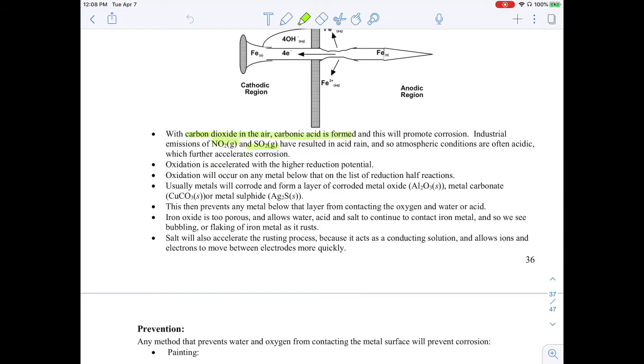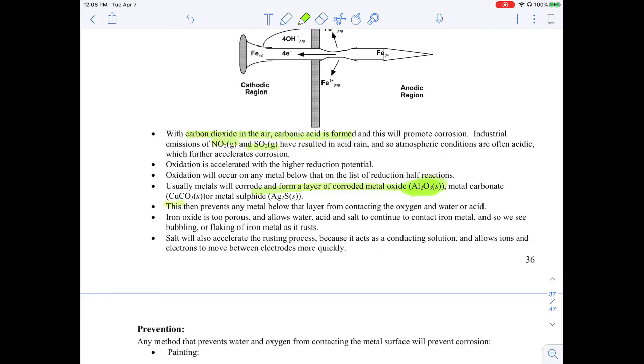The biggest concern is obviously iron. There are some metals that have a pretty cool result to this. Some metals like aluminum, when they corrode, make a layer of the corroded metal. If you scrape an aluminum can, it creates aluminum oxide, which adheres tightly to the surface so that the can doesn't just keep oxidizing.